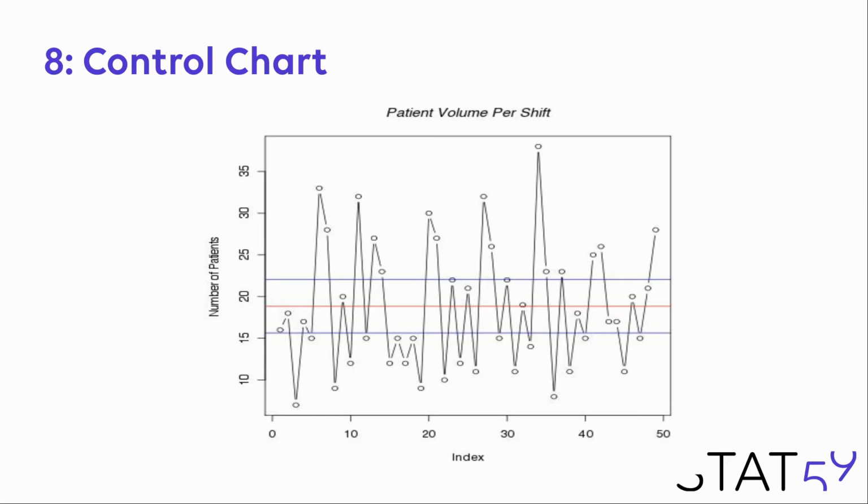So we see that those that are in between the blue lines are within what we would expect if we had reasonably distributed shifts, where those below the bottom control line are situations where the number of patients seen per shift are clearly lower than they should be. And on the top, those points that are above the top line are clearly out of control as far as too many patients are seen per shift.